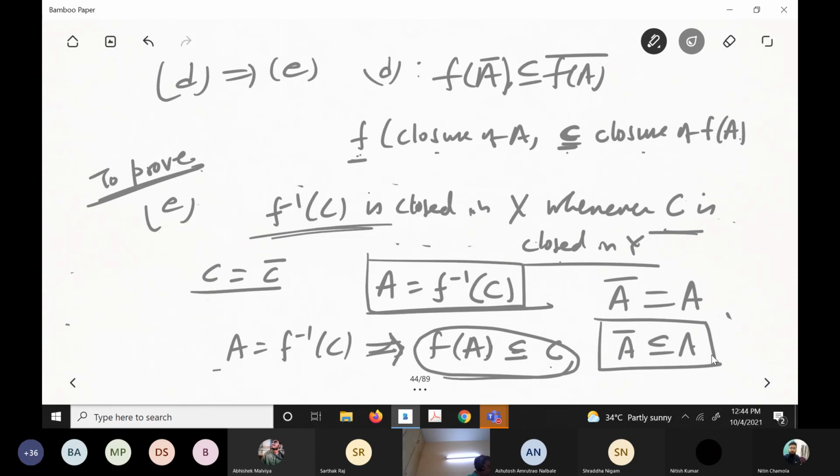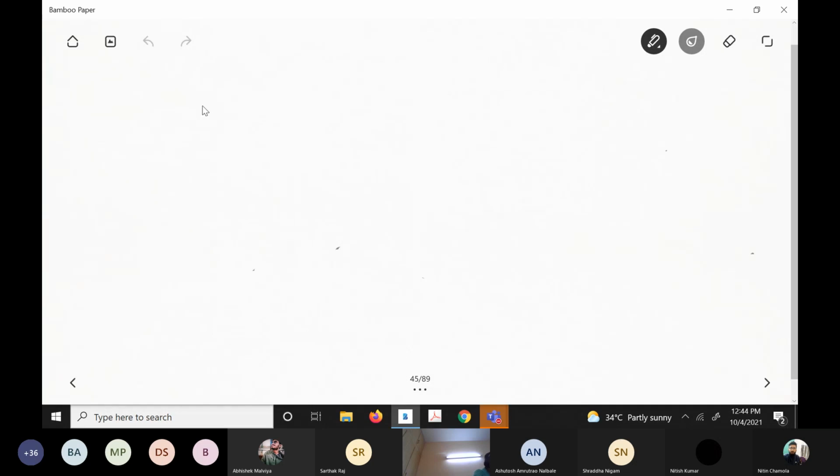Now look, I am just telling you that because E implies A, you should prove that. I am not going to prove it. I have said actually A and B are equivalent. You can prove it yourself.